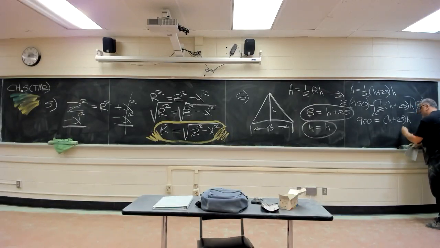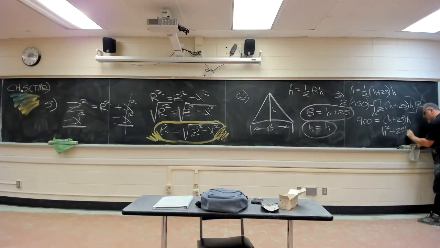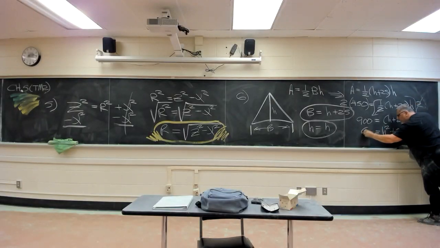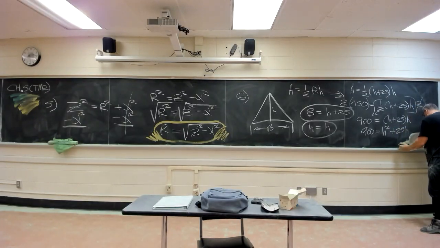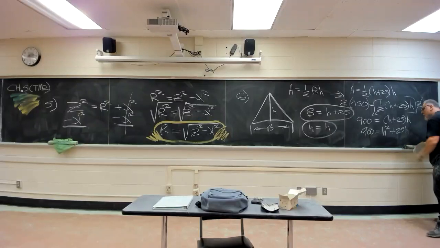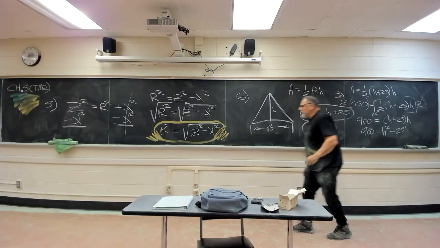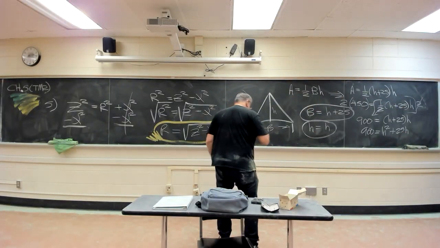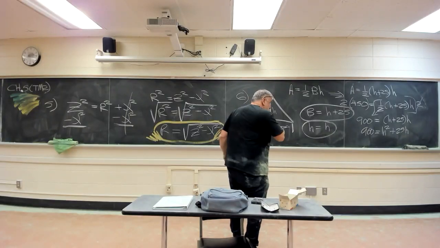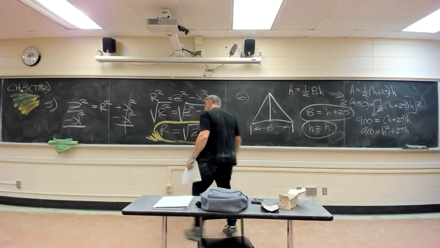A lot of ways to go here. Multiply by h all the way across. You get h squared plus 25h equals 900. So we can kind of look at that.